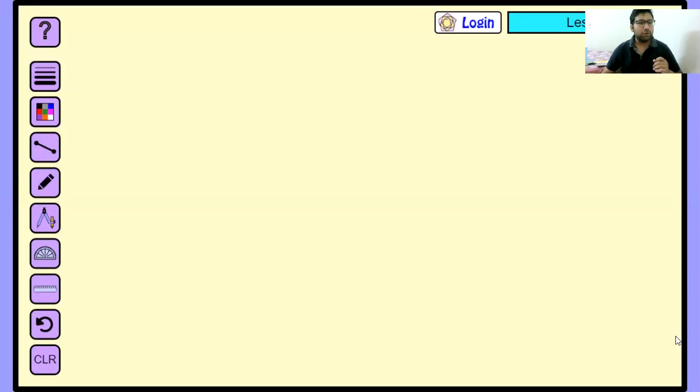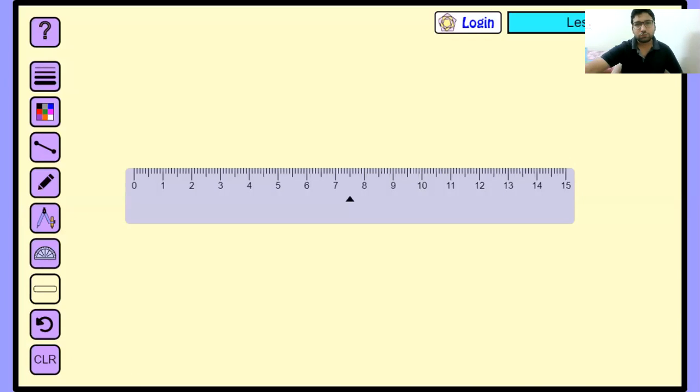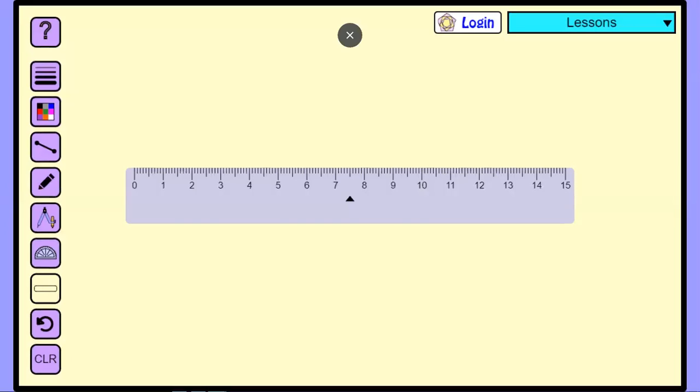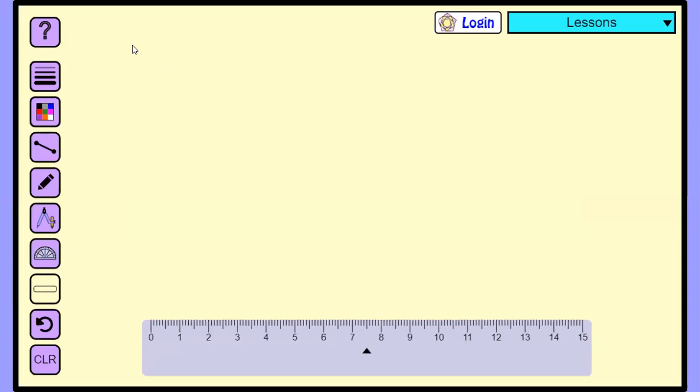Okay. Now, first I will tell you how to draw this angle of 90 degrees. Yes, Piyush, let's see. So we have this scale.